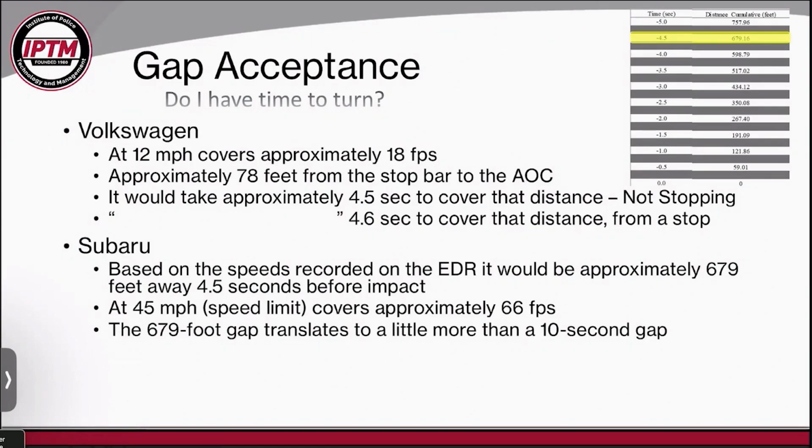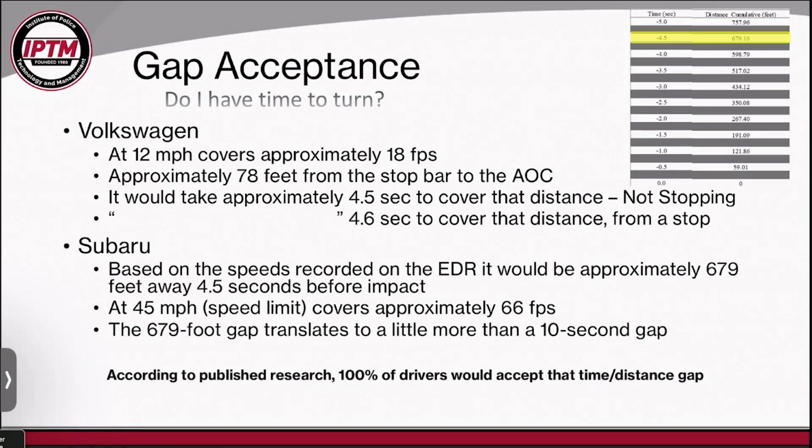They're looking at time. Do I have enough time? So this is where that idea of gap acceptance comes in. There is research done where 100% of drivers would have accepted that time or distance gap. Think about it. 10 seconds to make a left-hand turn. Just about anybody would say, yeah, I've got more than enough time to do what I need to do and be out of the way of any oncoming vehicles.